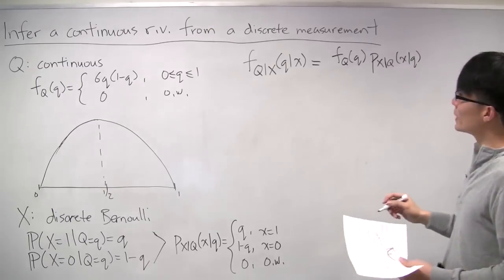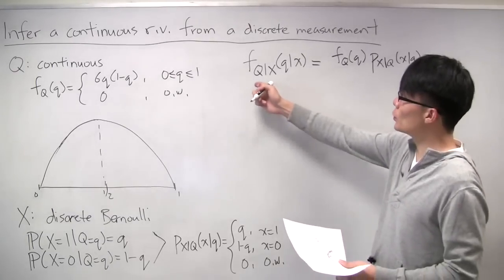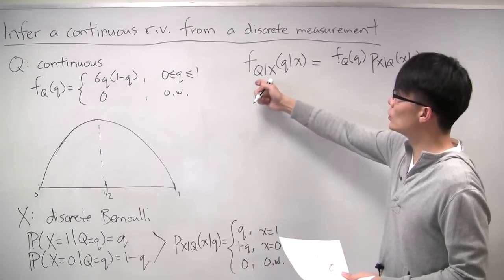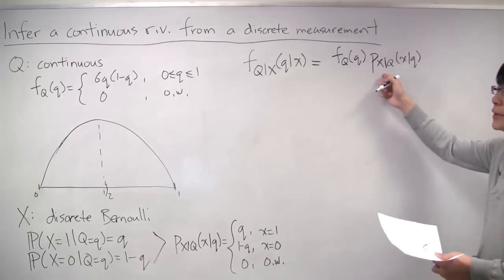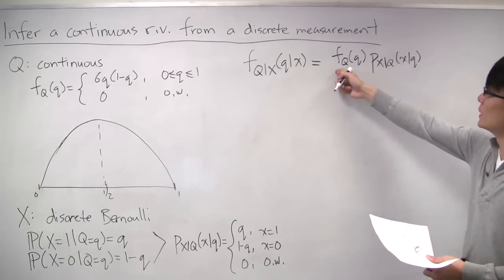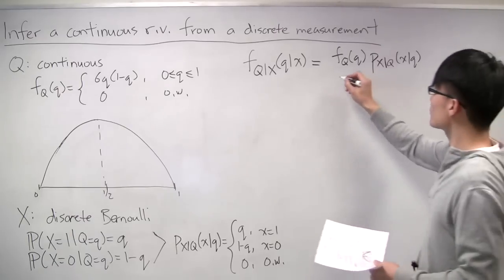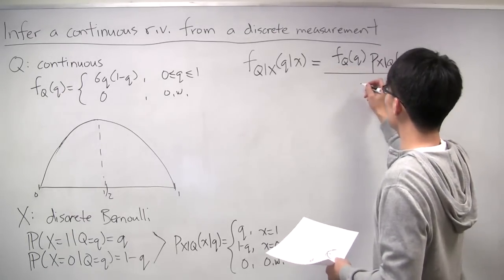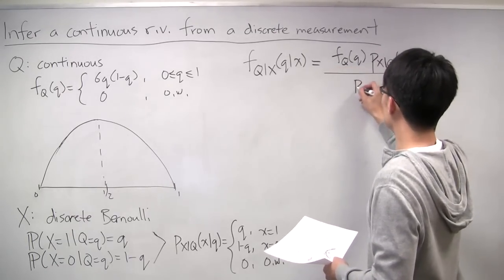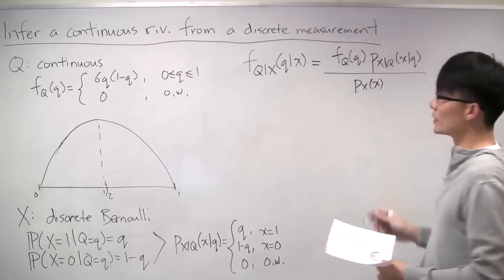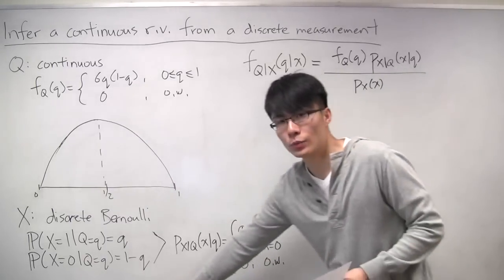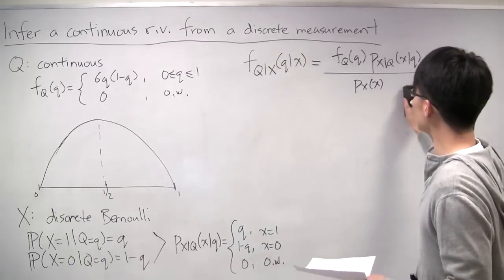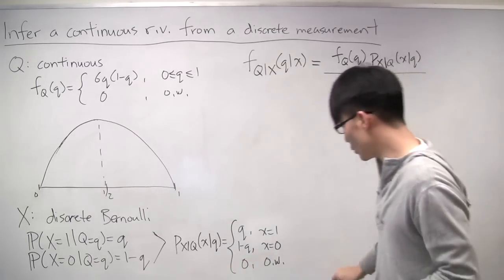Because we have a continuous random variable that we want to infer from a discrete measurement, we use this variation of Bayes' rule, where we have a PDF here and a conditional PMF here. And the denominator is the PMF of x. And of course, we can take this PMF of x, this denominator, and expand it using the law of total probability.